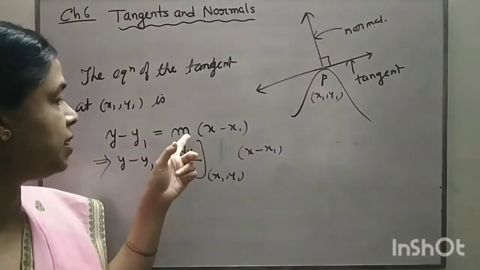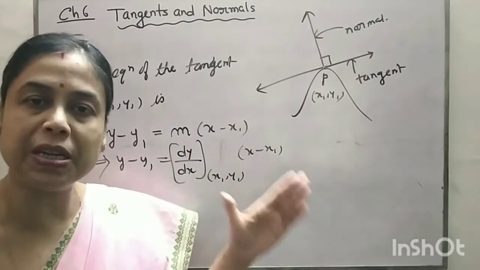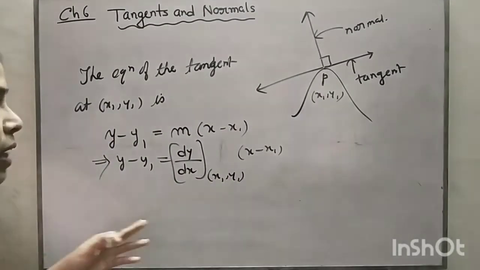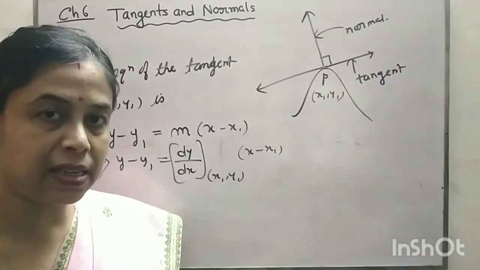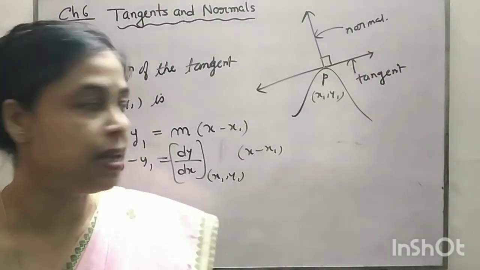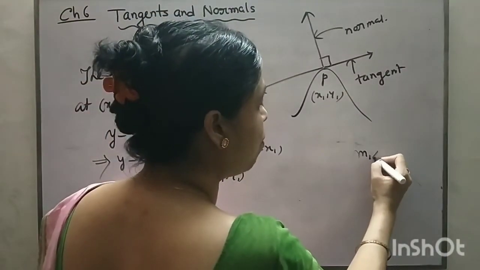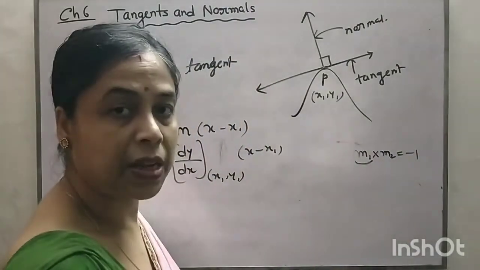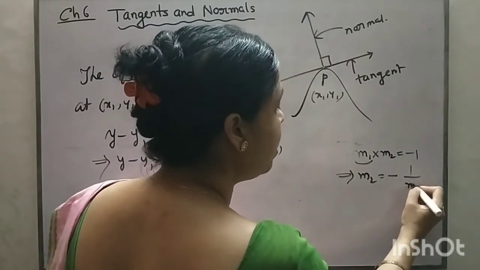So here in any line, slope m is any slope. But in this particular case, it is the slope of the tangent. So it is denoted by dy dx. And you see the slope of the normal. Normal is perpendicular to the tangent. So you know this formula, m1 into m2 is equal to minus 1. If m1 is the slope of the tangent, then the slope of the normal will be given by minus 1 by m1.